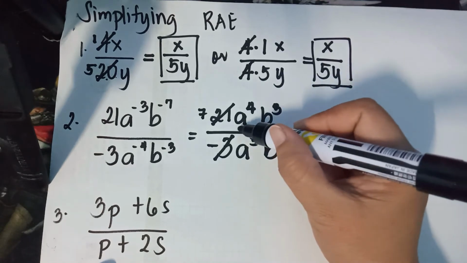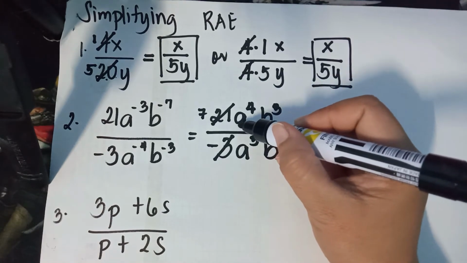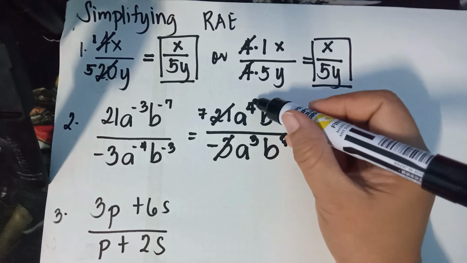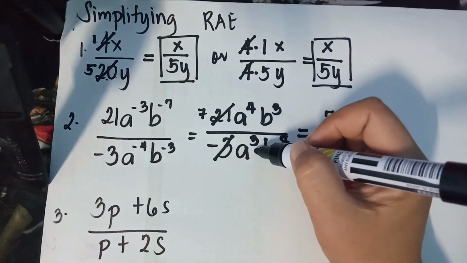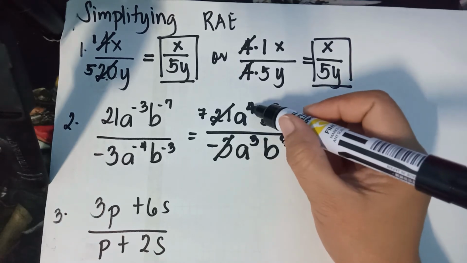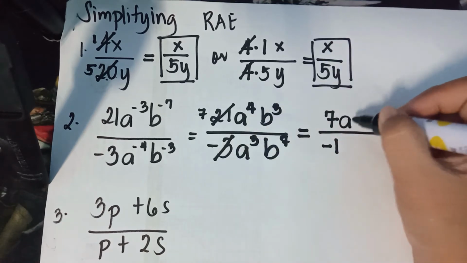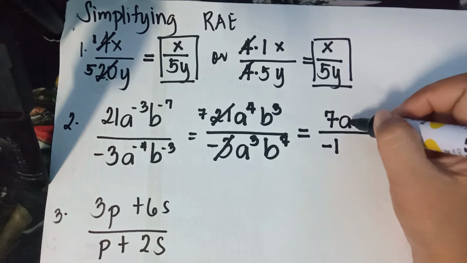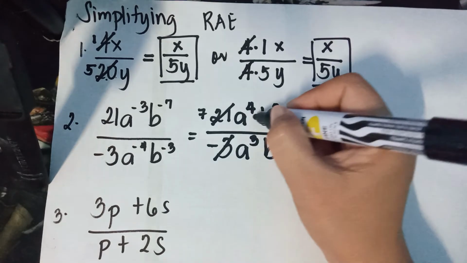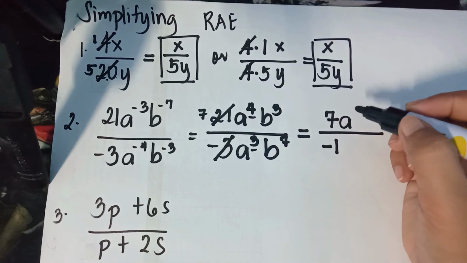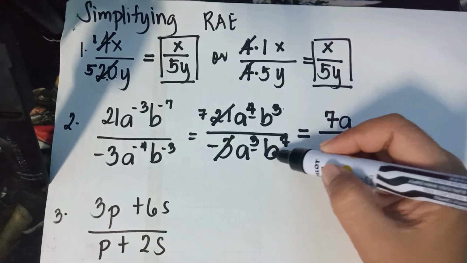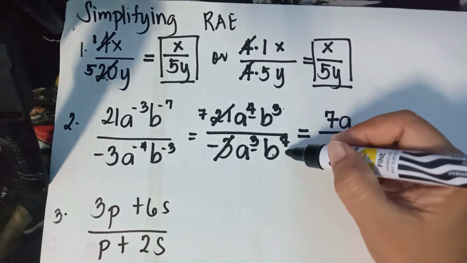In dealing with literal coefficient, just subtract the exponent of the numerator and the denominator. We have 4 minus 3, that is a. We will write a in our numerator because 4 is greater than 3. Next, b cubed and b raised to 7.